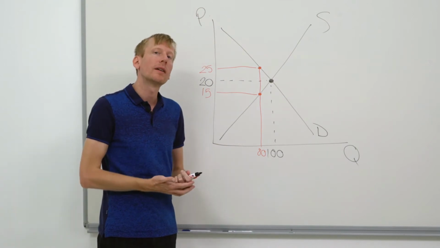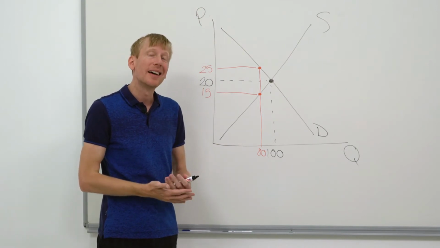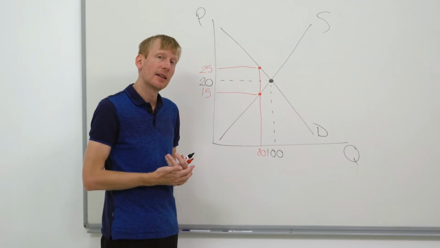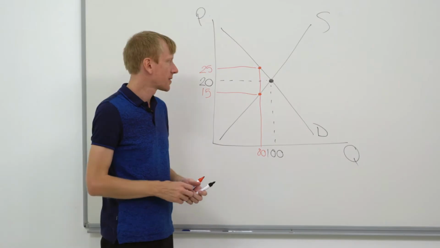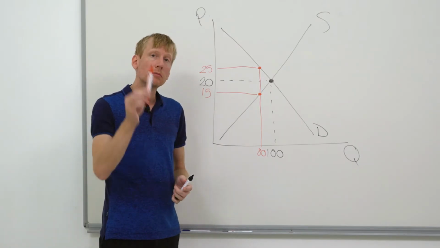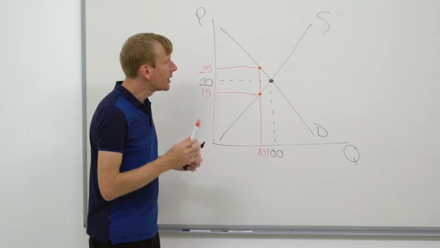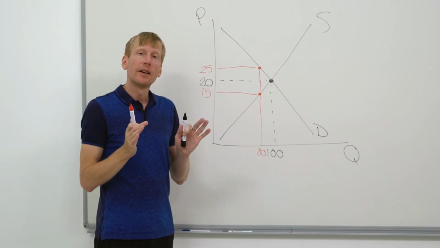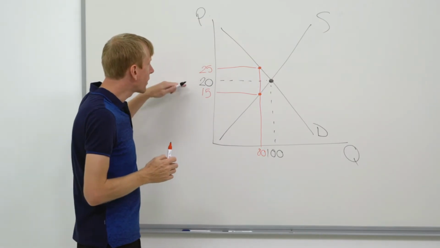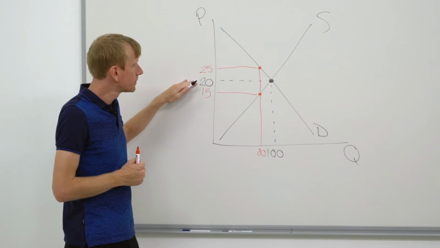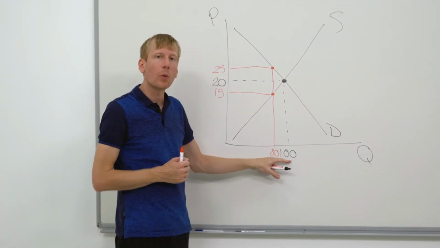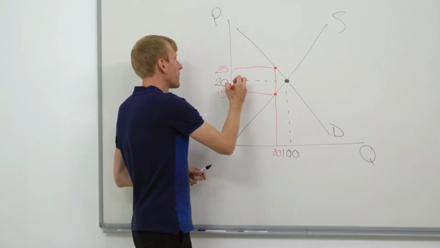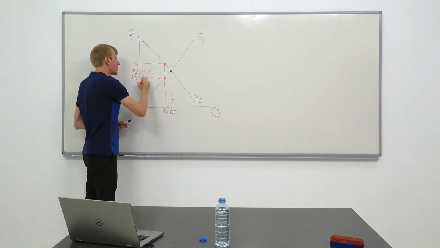We can calculate what consumer surplus is in the presence of the tax and what consumer surplus was without the tax. First note, use the red here. Without a tax, the producer surplus will be the area under a price of 20 above the supply curve out to the original quantity of 100. That's this whole triangle here.